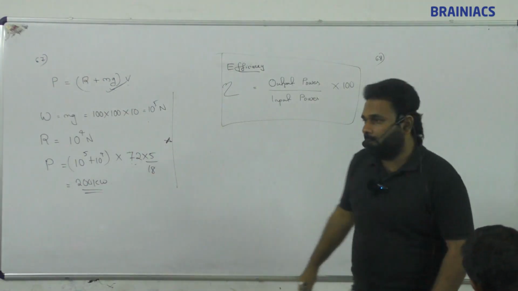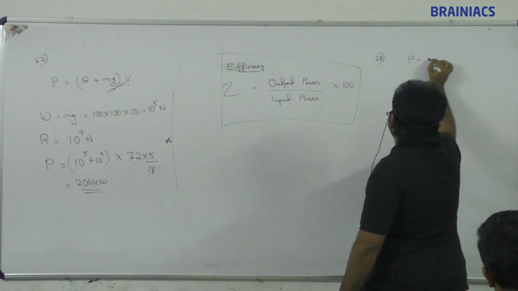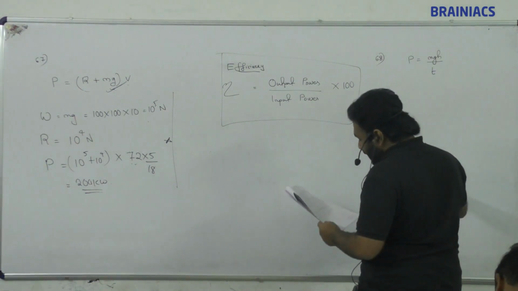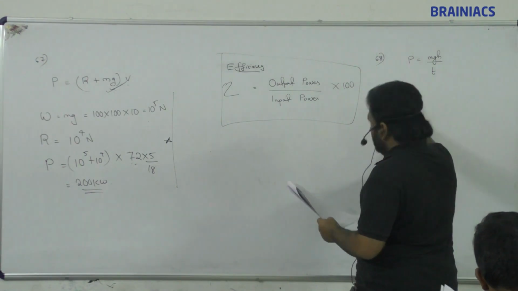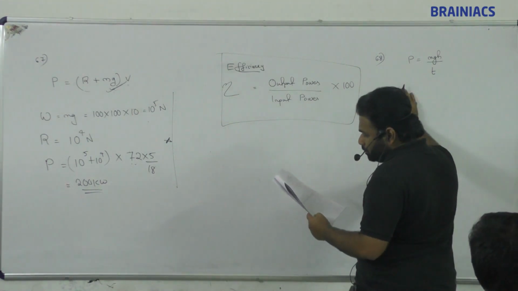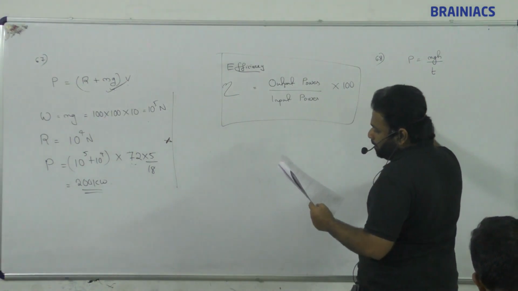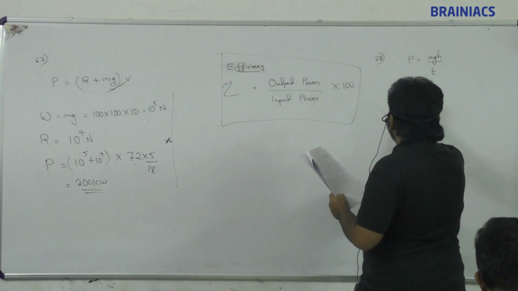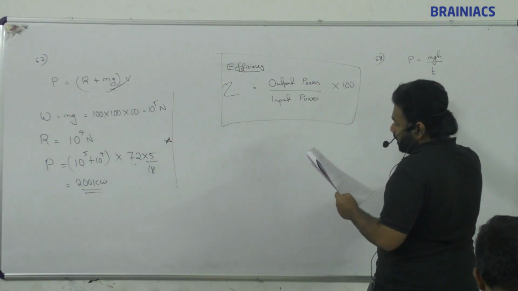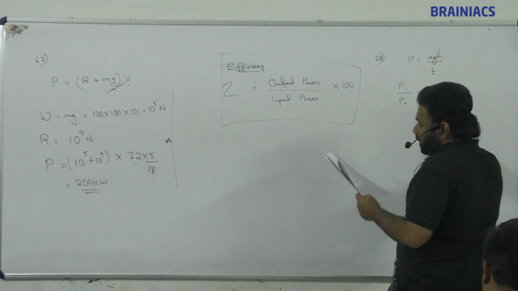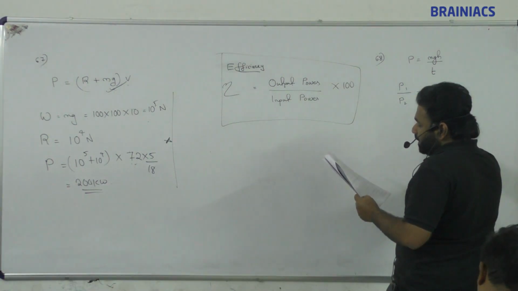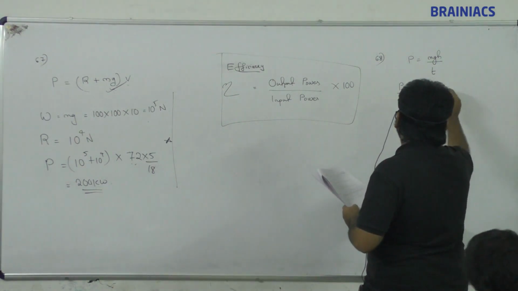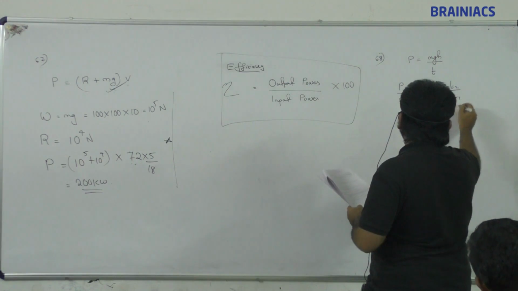Okay, so P is equal to mgh divided by time t. Okay, weights are in the ratio 5:3. So P1 by P2 is equal to, they run up a staircase in times in the ratio 11:9. So this is equal to m1 by m2 into T2 by T1.